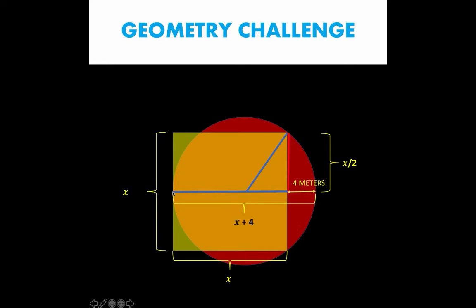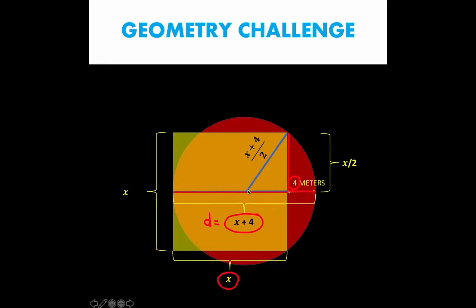Also, since the length of this blue line segment is x, and the distance between this side of the square and the circle is 4 meters, then the total length of the line segment would be this x plus this 4 meters. So we have here x plus 4, representing the diameter of the circle.